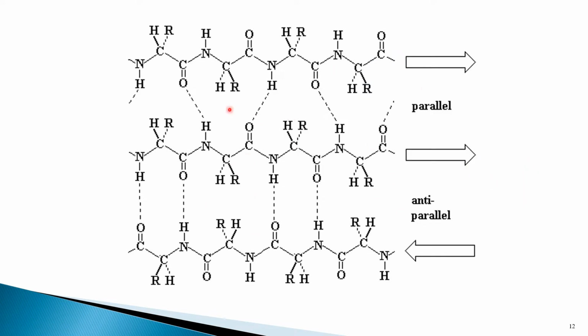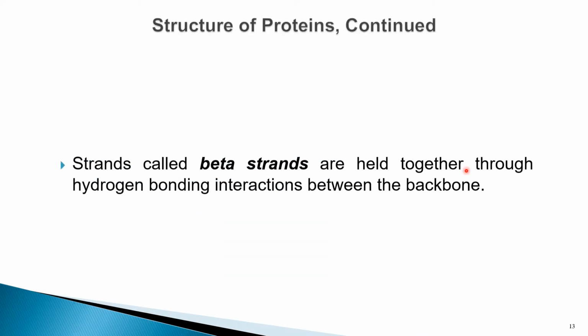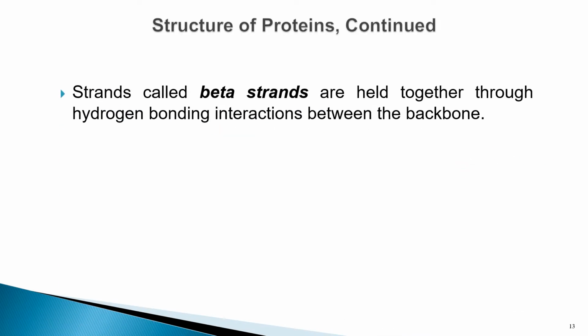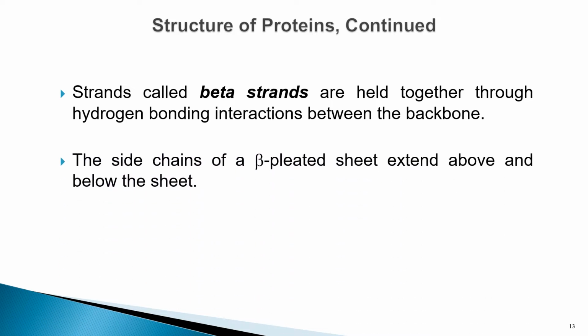Here you can see the parallel and anti-parallel chains of the protein. Strands called beta strands are held together through hydrogen bonding interaction between the backbone. The side chains of a beta-pleated sheet extend above and below the sheet. Glycine, serine, and collagen are all examples of proteins with beta strands.